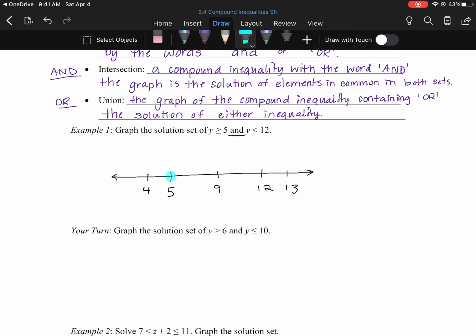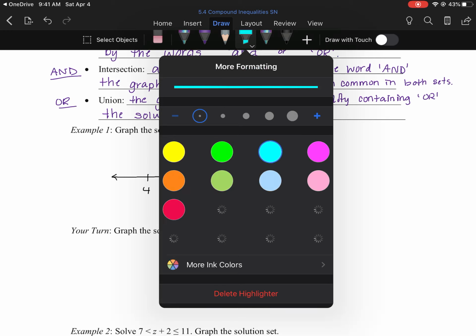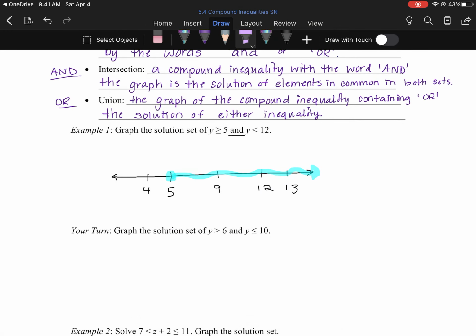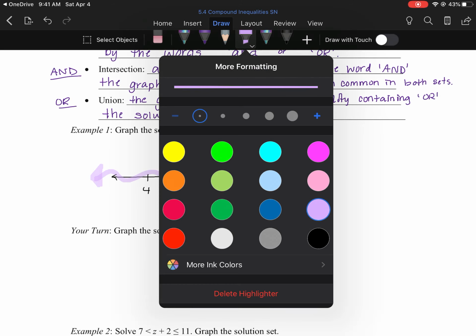All right, so now it says y is, actually I'm going to use a highlighter, y is greater than or equal to 5. So that means a closed circle at 5, and it is going to be shaded to the right. Okay, then we're going to pick another color, so it might be helpful if you have two colors today. Less than 12. So that means an open circle at 12 and everything shaded to the left.